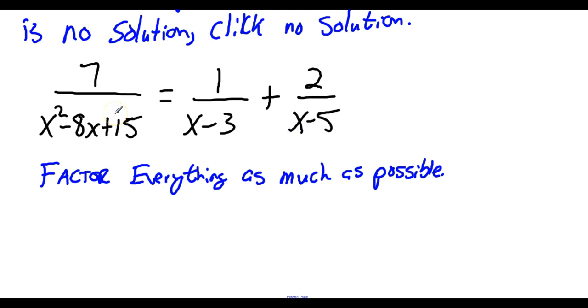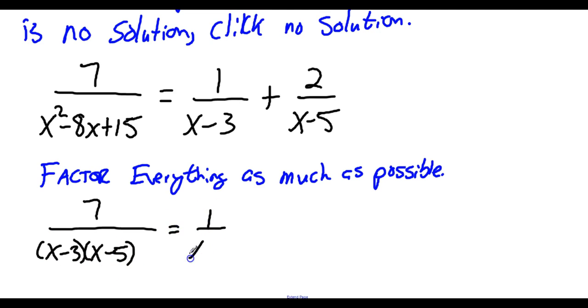So the good news on this one is when they break this problem down, they've already given you the answers right here. So for this one, really, it's 7 over x minus 3 and x minus 5. So that you've got x minus 3 and x minus 5 in both the denominators.